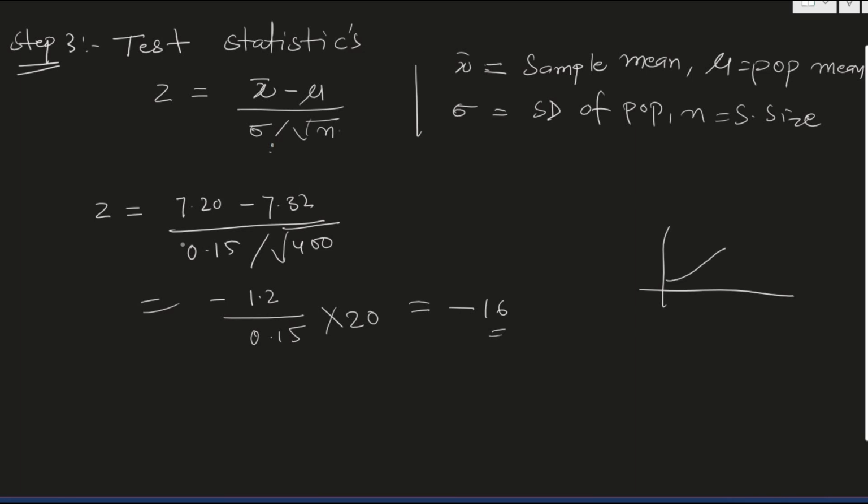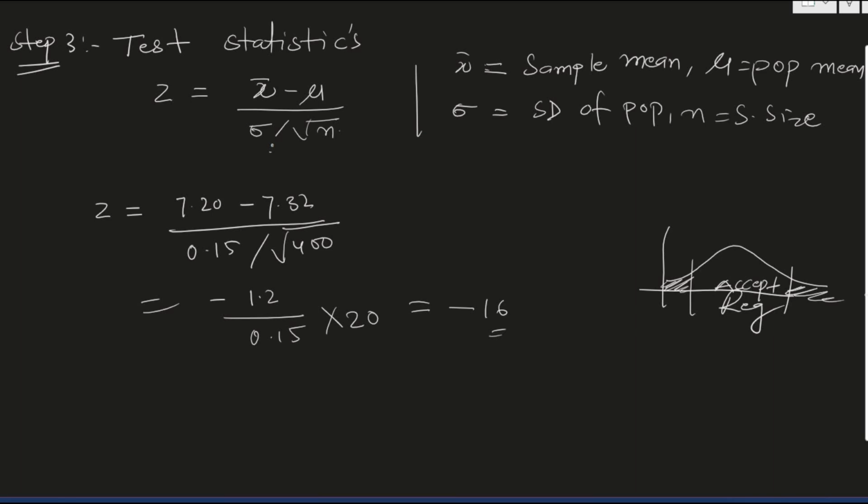See, in this case, this is our rejection area, the area of rejection, and this is the acceptance region. This will be our acceptance region, and this will be our rejection region.